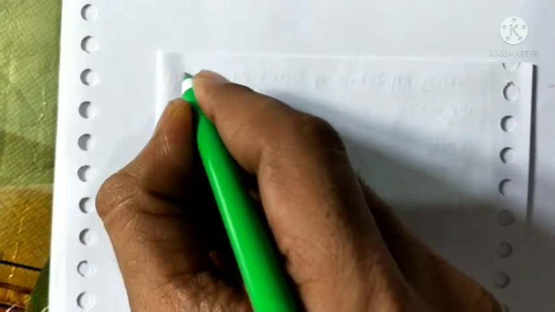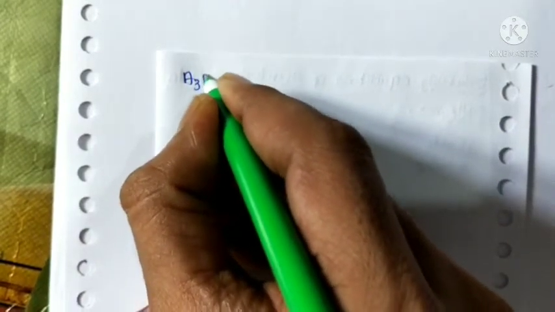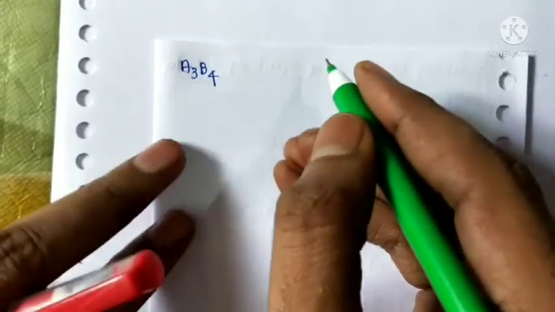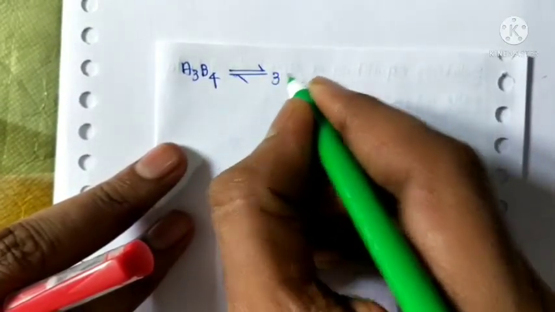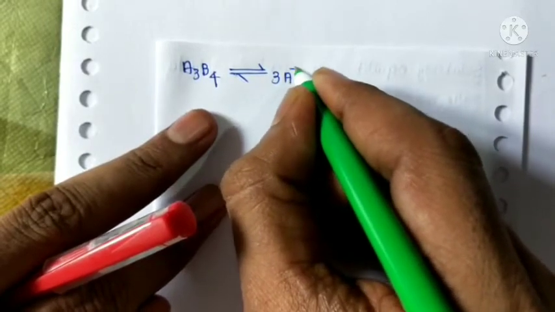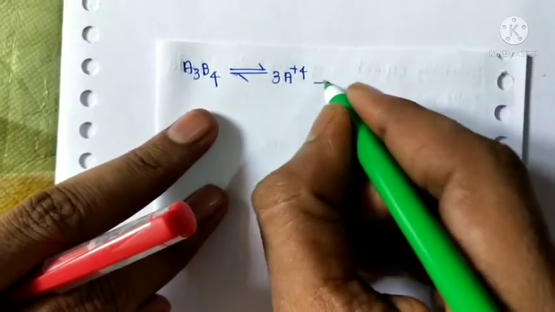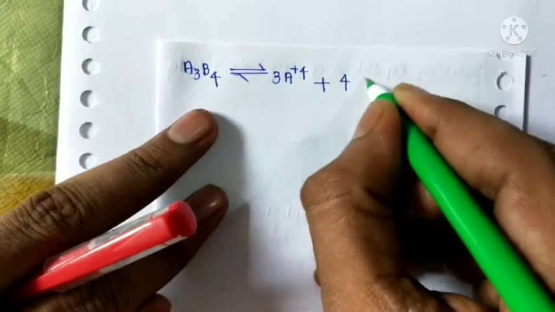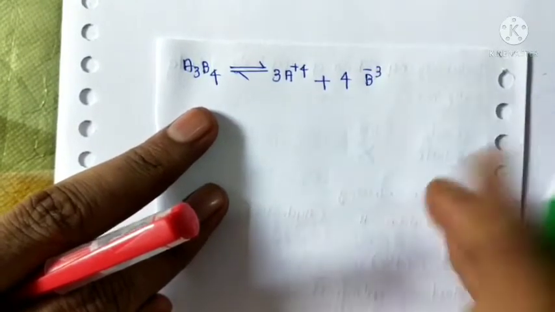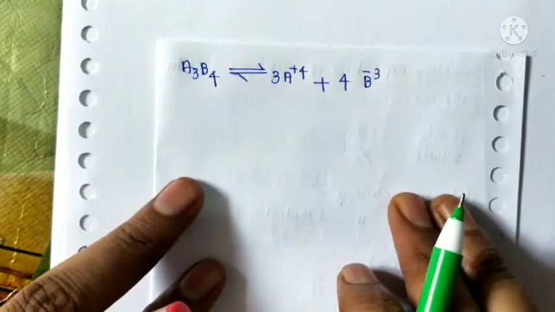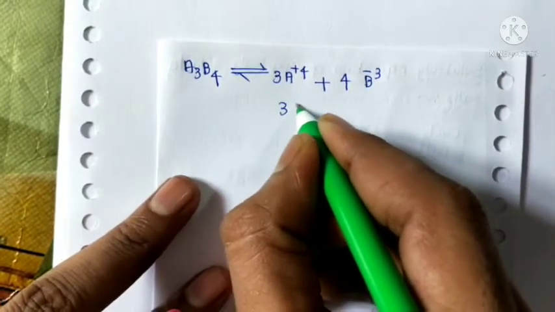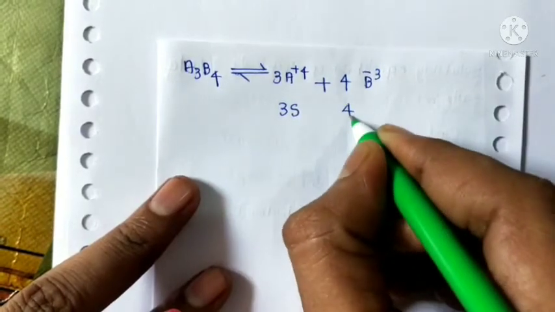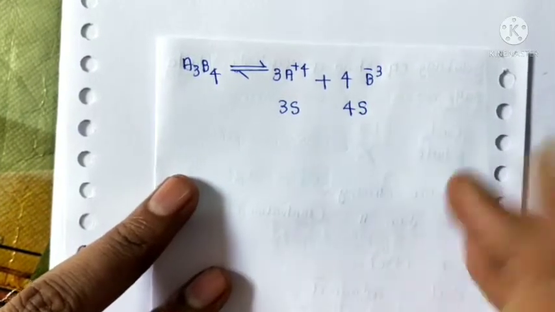And the very, very important one, that is A3B4 type of salt. It dissociates into 3 moles of A plus 4 ions plus 4 moles of B minus 3 ions. So A plus 4 ions is 3s and the B minus 3 ions is 4s.